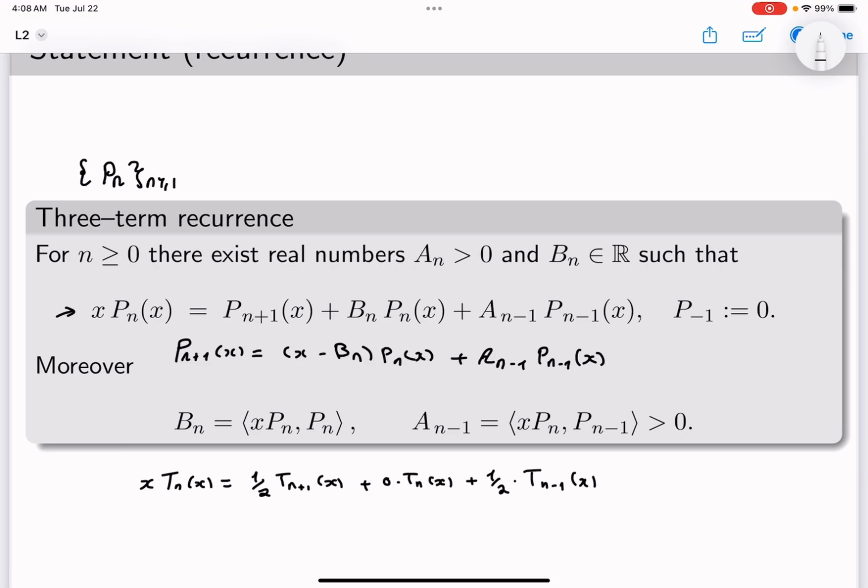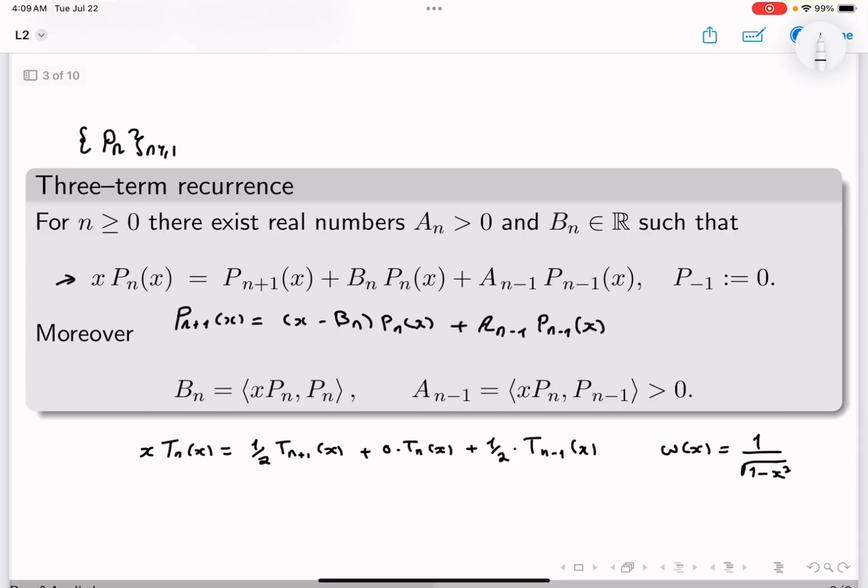So the sequence Tn is the sequence of Chebyshev polynomials that we spoke about in the previous video. These are the orthogonal polynomials with respect to the weight function 1 over the square root of 1 minus x squared. And they satisfy this three-term recurrence relation.